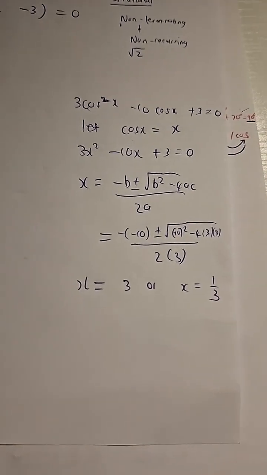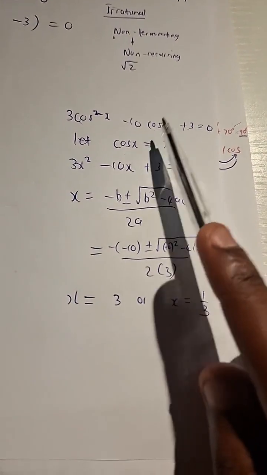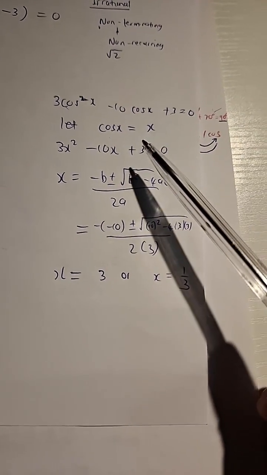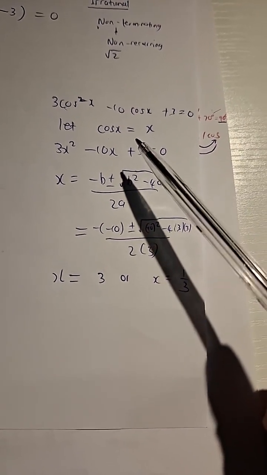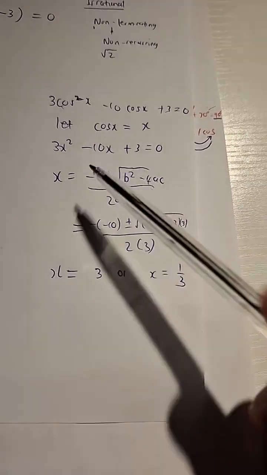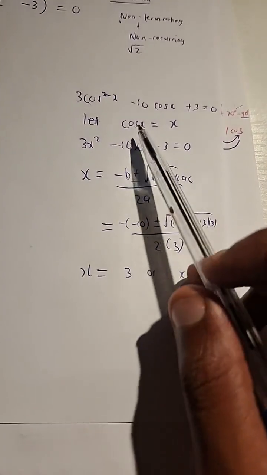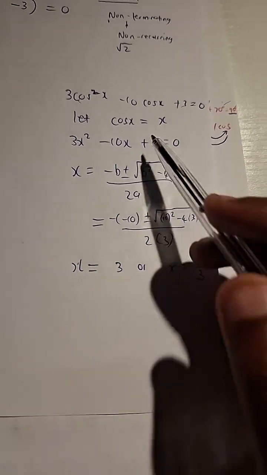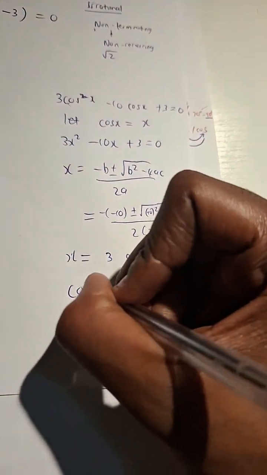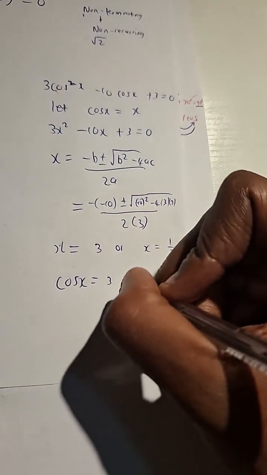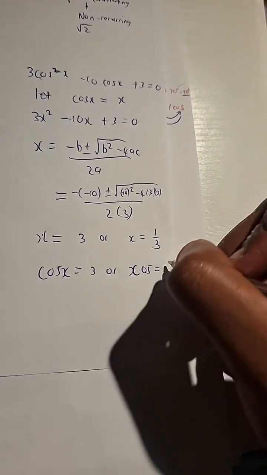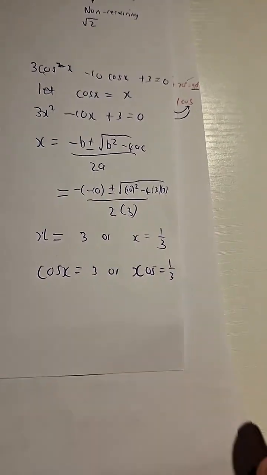But you see now at least you have the quadratic formula, guys. Please don't despair. So then you can look, remember you said cos x is equal to x. So you got now your x values. After you got it, you write cos x is equal to 3 or cos x is equal to 1 over 3.